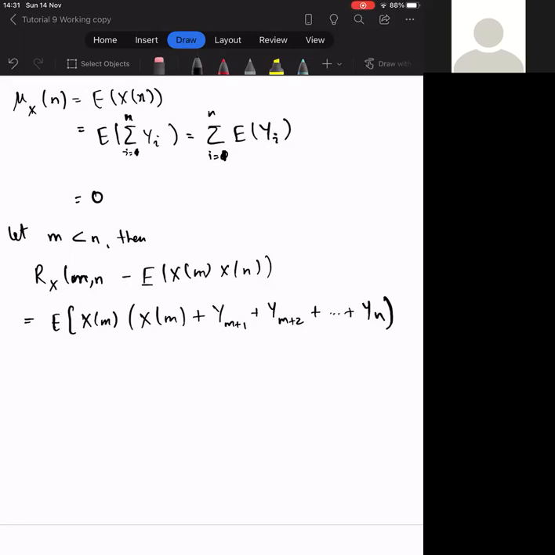So now we simplify this, we get E of x of m squared plus, अब वो हर y m plus हर yi के साथ x of m जो है मल्टीप्लाई हो गया, ठीक है। तो मैं उसको ऐसे लिख सकता हूँ, can I separate the expectations? Of course, they're IID.